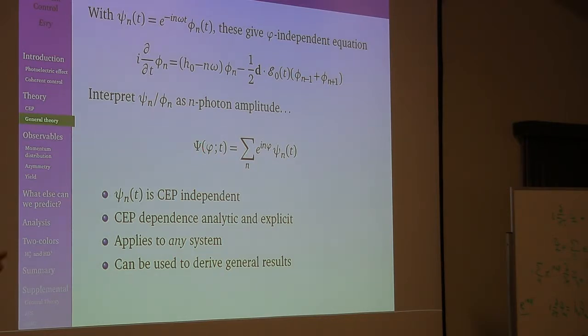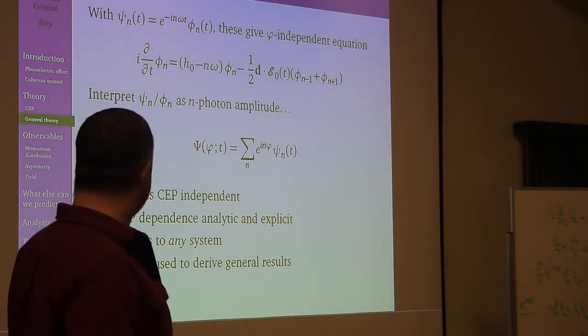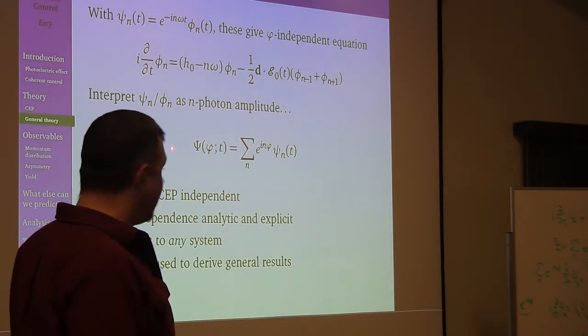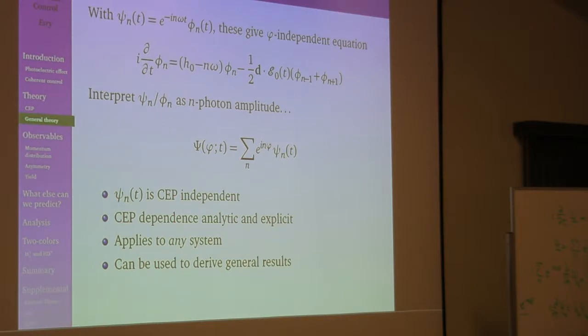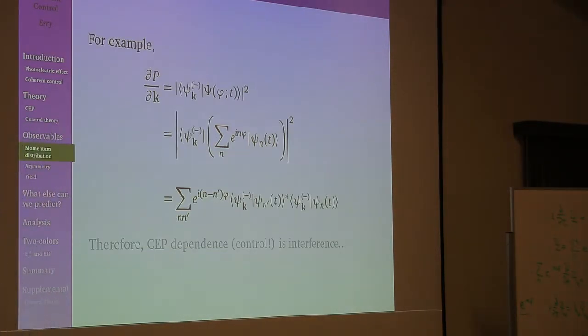But as you've taken quantum mechanics, once you have the wave function, you have everything, right? If the CE phase dependence is explicit, I have the wave function explicitly in terms of the CE phase. That means I can derive all the CE phase dependence I want. And that's what we'll do. We'll use this to derive general results about the CE phase dependence. So for example, and this comes back to Tony's comment, what we measure experimentally is the momentum.